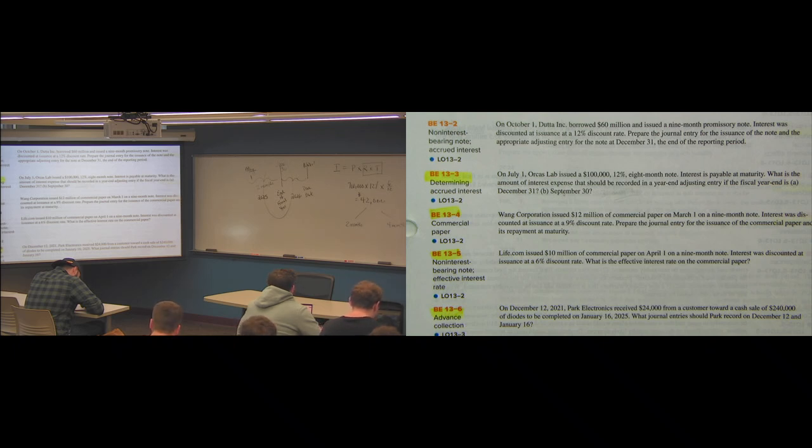And all Exercise 3 is looking for are 2 simple journal entries. Actually, I don't even think they asked for the journal entries, just the amount of the entry, but we're going to do the journal entry.